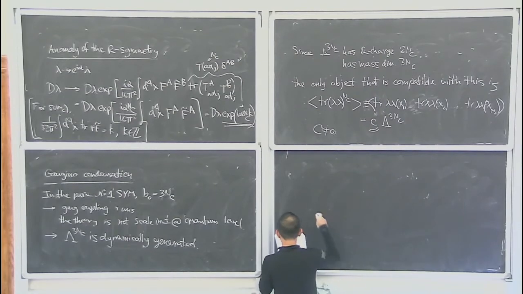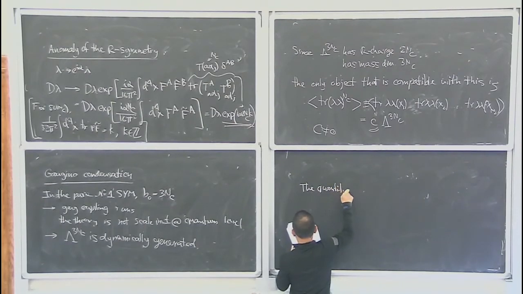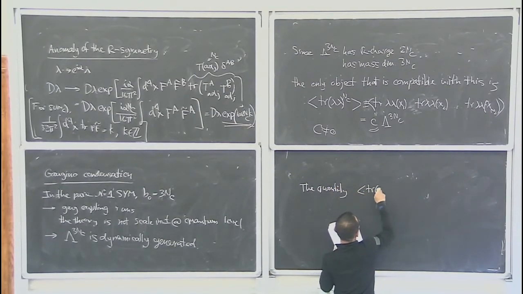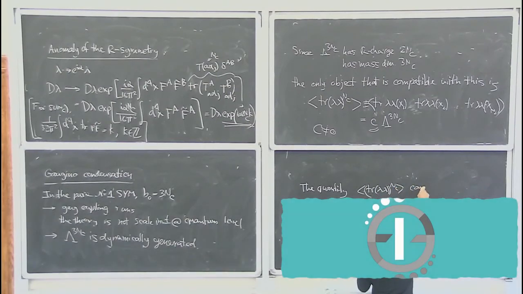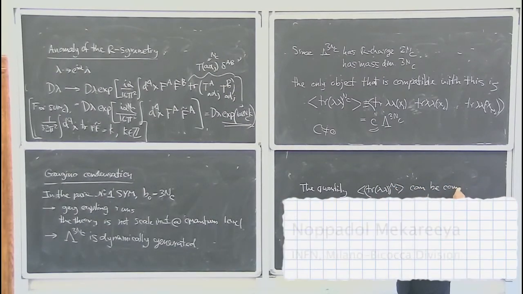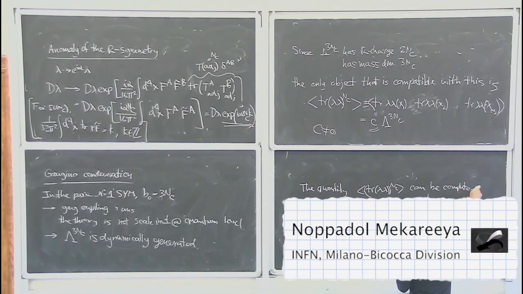okay, the quantity trace lambda lambda to the NC can be computed using the cluster decomposition.